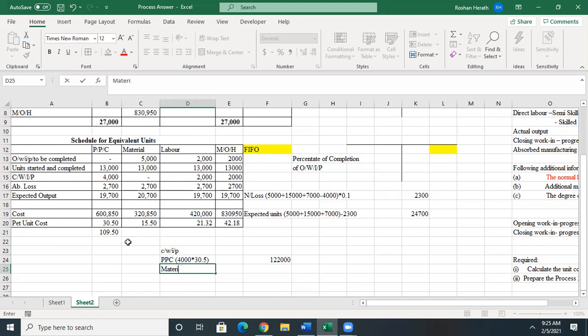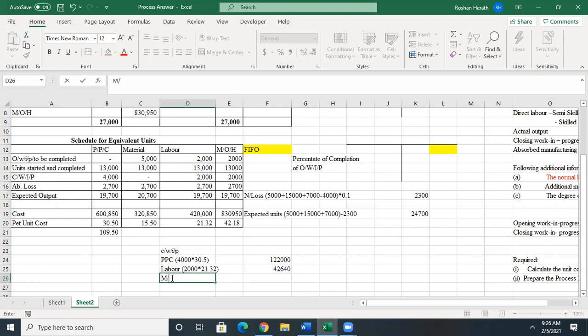None of the units to be added there because it's not completed up to that. Then the labor. With respect to the labor, you can take 2,000 units, and one gets valued at 21.32. 2,000 into 21.32.